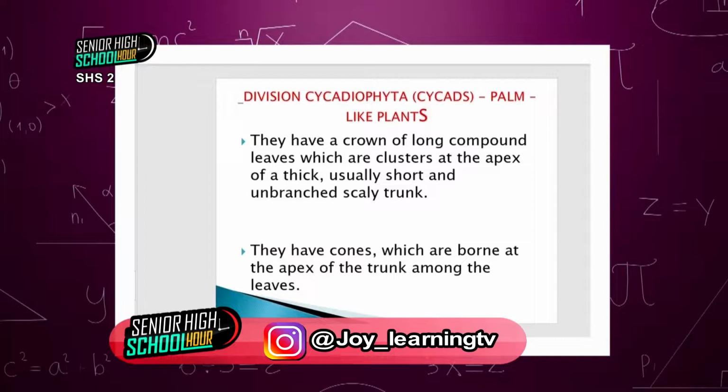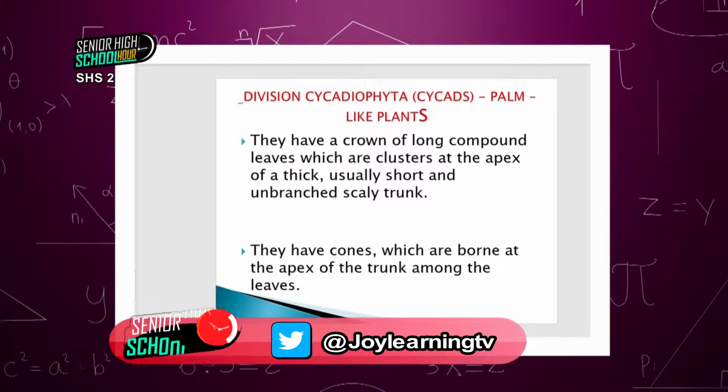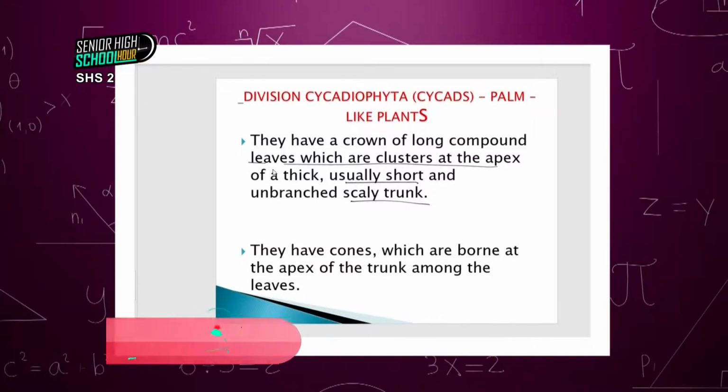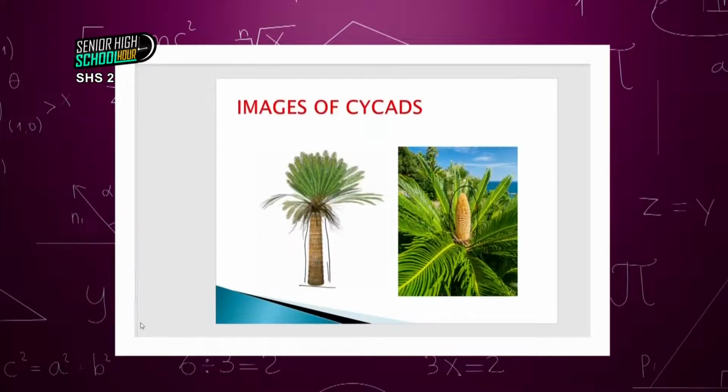We say that they have a crown of long compound leaves which are clustered only at the apex of a thick, usually short and unbranched scaly trunk. So the trunk we saw has scales around it. They are also short. The whole plant is short. And we said that the leaves are only formed at the top, as you saw in the picture. The thing I circled, the cones.